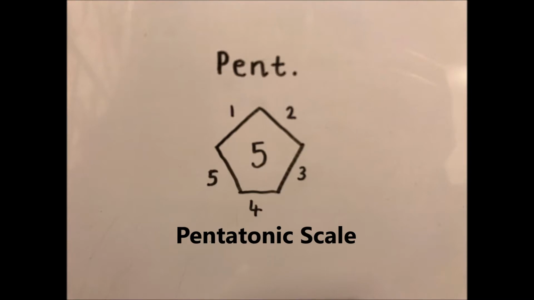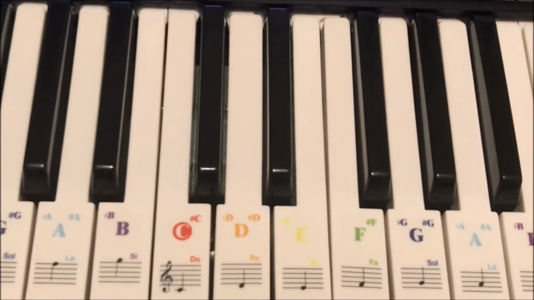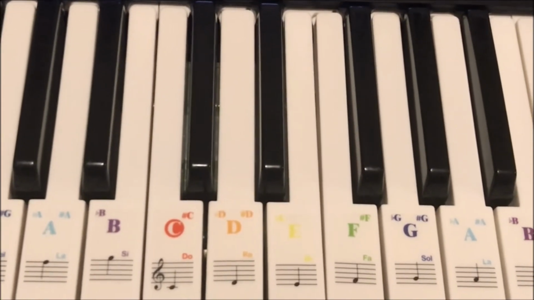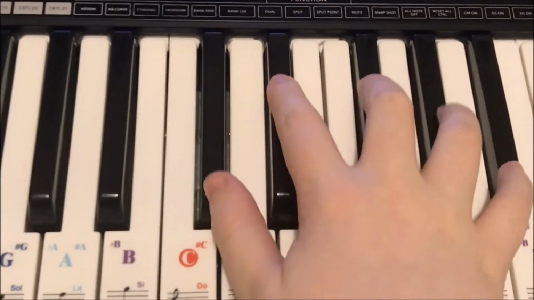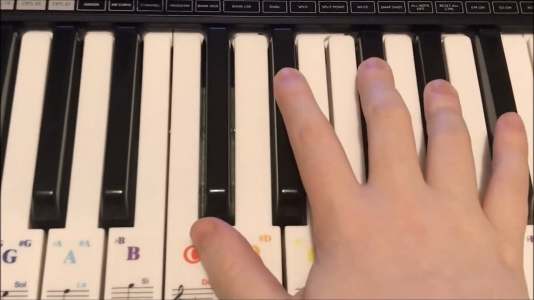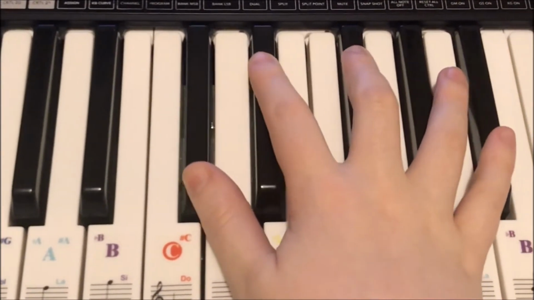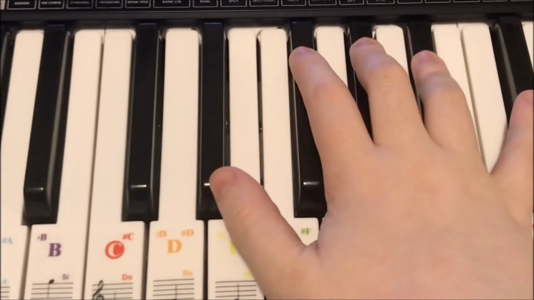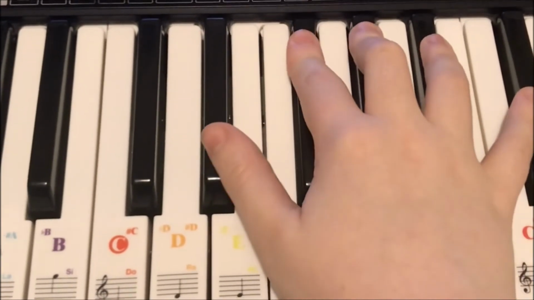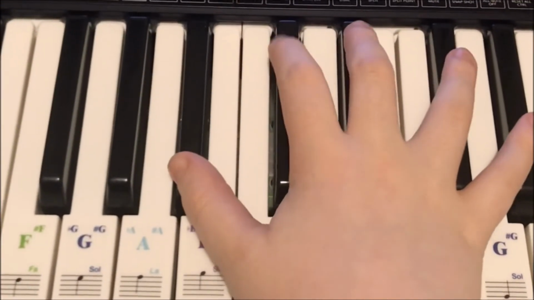Pentatonic scales. Pentatonic scales have 5 notes in them. That's why they have the prefix pent. So we have 5 black notes here. We can also use the further 5 black notes. We can do it down here.